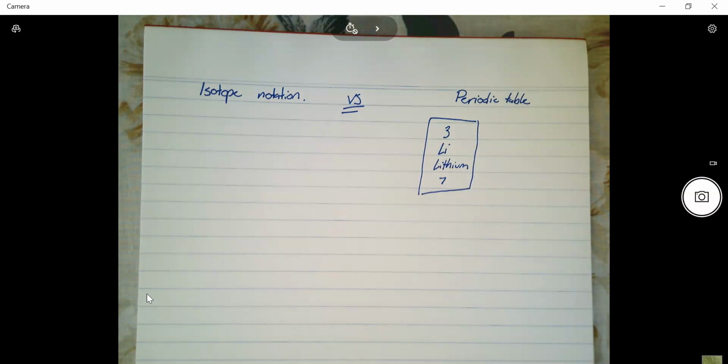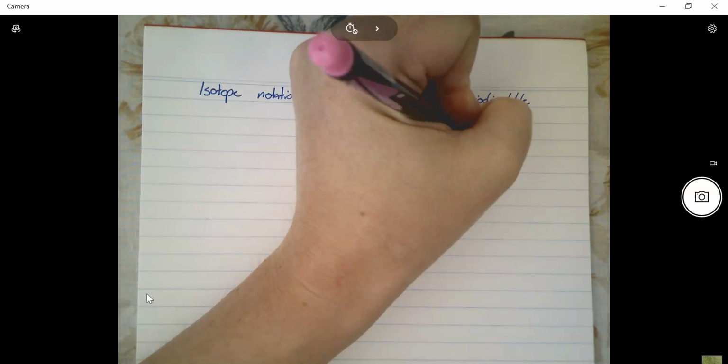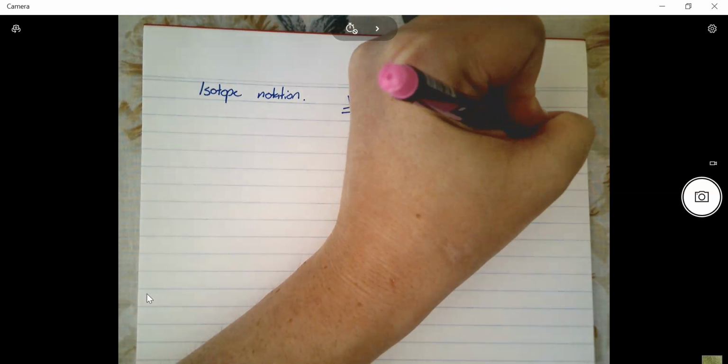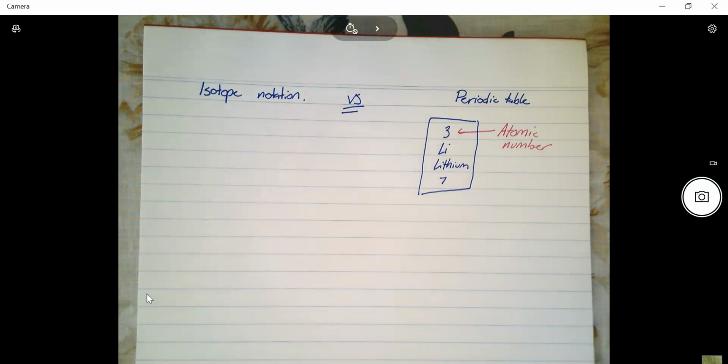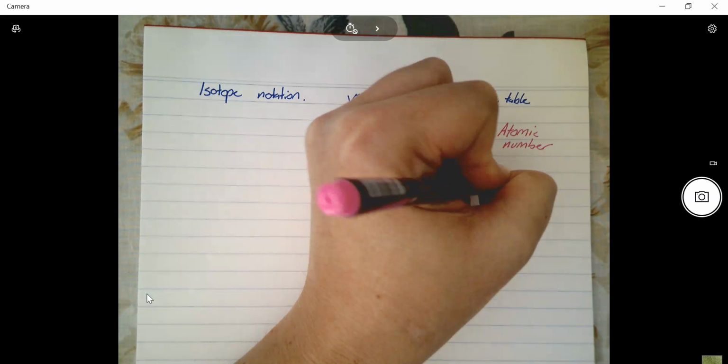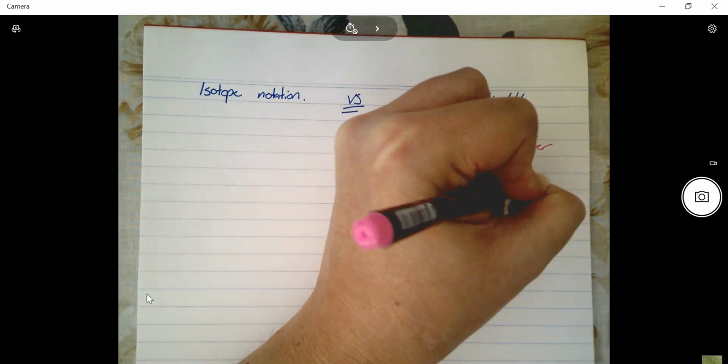There we go. The number at the top is called what? Have a think. The number at the top is called the atomic number. And what is the number at the bottom called? The atomic mass.